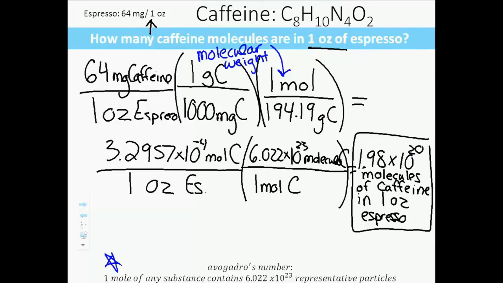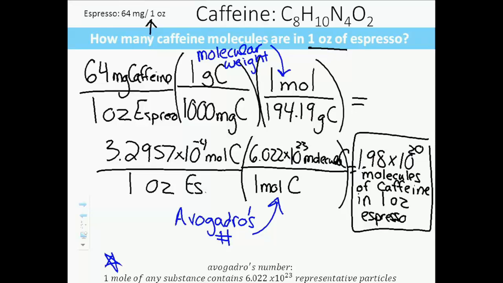Once you have it in moles, then you can use this conversion factor, Avogadro's number. And that number lets you go from moles to molecules. You can also go from moles to atoms, or you can go atoms to moles, or you can go molecules to moles. So these are the two big, huge concepts to think about today.